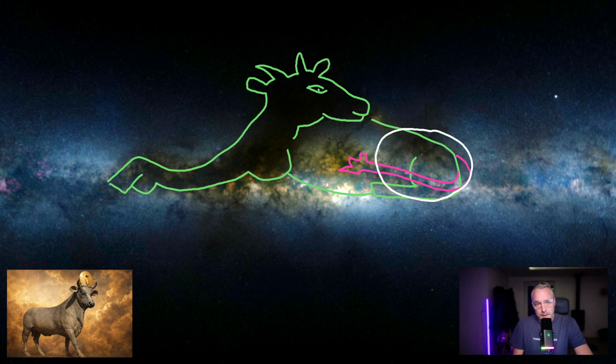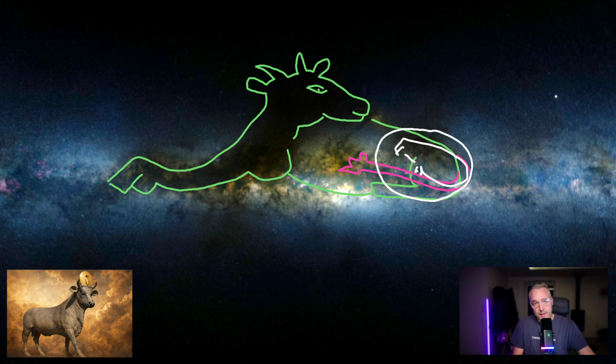Because if we zoom in, I'll do that in another video with the vulture and the eagle. But actually the vulture's beak is here. And here's the vulture in this area. And this is also the head of the eagle or the head of the hawk.